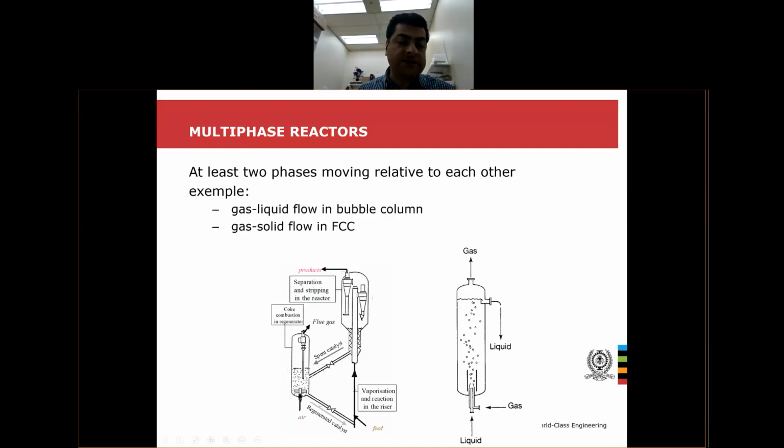They are sent back to a regenerator, which is a bubbling fluidized reactor. Inside this reactor, air is injected in order to burn off the carbon deposited on the surface of the catalyst. After the catalyst is regenerated, it is sent back to the bottom of the riser. Actually, this FCC is a kind of circulating fluidized reactor. I will talk about it later, but you see that there are two phases, solid and gas. So it's a type of multi-phase reactor.